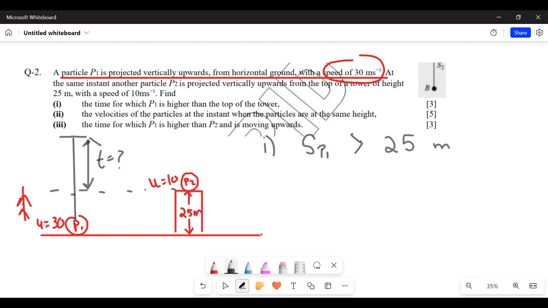Okay, so now we're going to use equations of motion to replace S with the known parameters. What are the known parameters in this upward movement other than 30? We know U is 30. What else do we know?